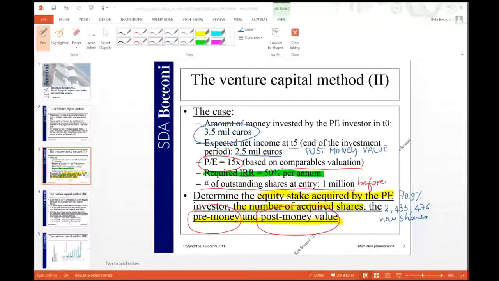And we must now close the reasoning, calculating the so-called pre-money and post-money value of this company. So essentially, the basic idea is now to understand the next step. What we are going to do is to complete the exercise, calculating the pre-money and post-money valuation. Let's go on again in our reasoning and let's see what happens.